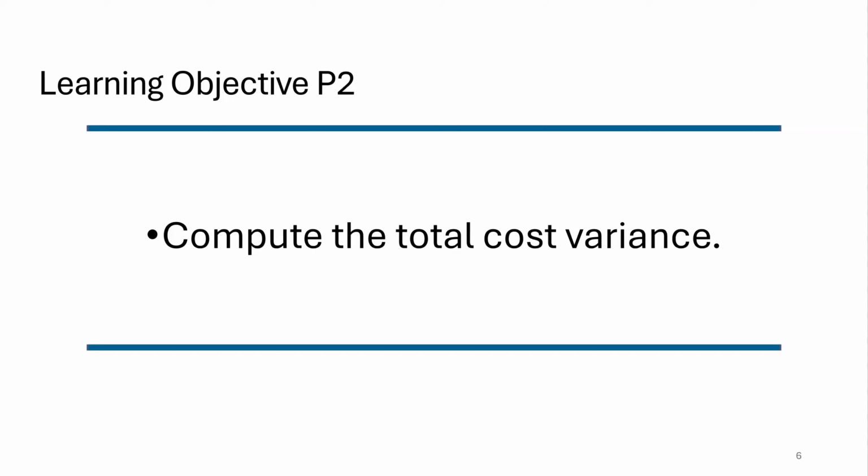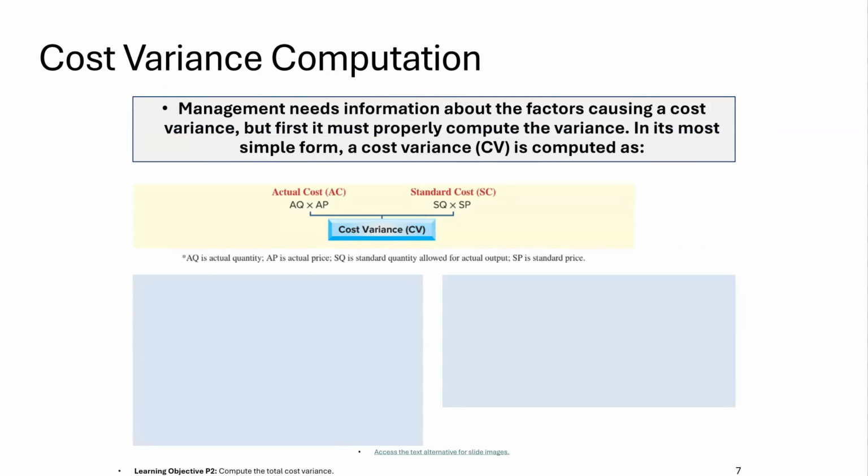So let's first determine the total cost variance. I always like to do this if I work a problem where I'm looking at all three variances, materials, labor, and overhead, because I now know what number I have to have and know that all my answers are correct. So let's take a look first at the formula. I know we use these initials, but that's just how it works with these.